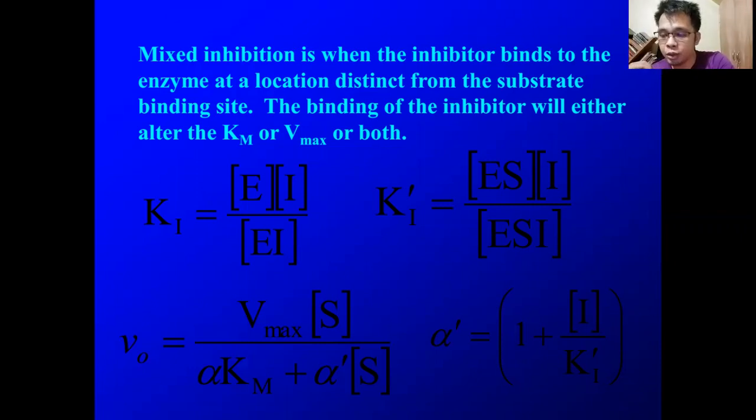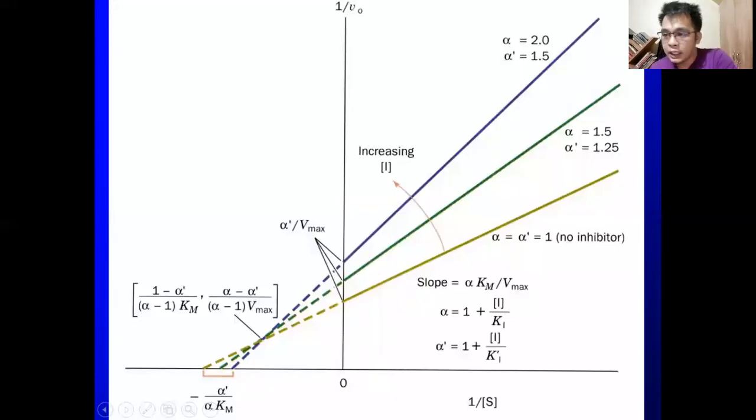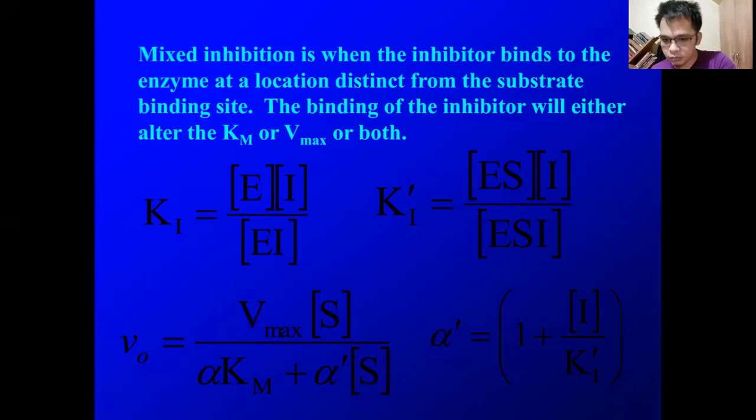Follow the style of my derivation earlier to get the simplified or expanded form of the equation. Notice that alpha is multiplied to the Km and alpha prime is multiplied by the S, which affects the efficiency of the enzyme.